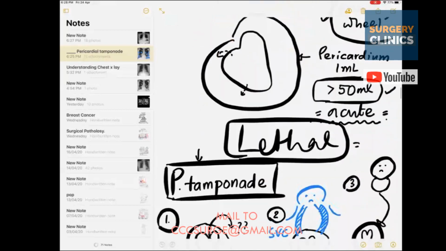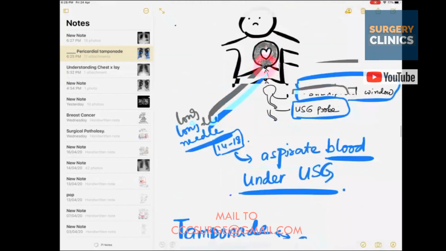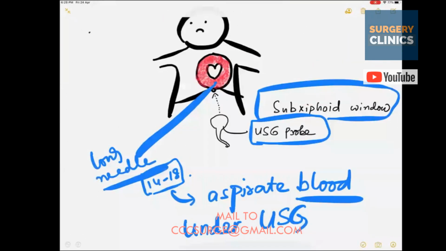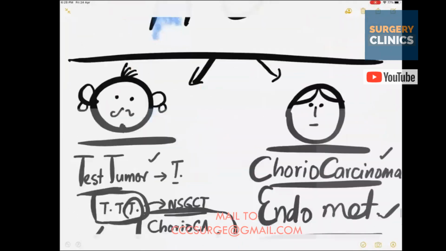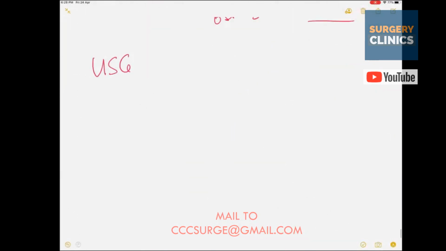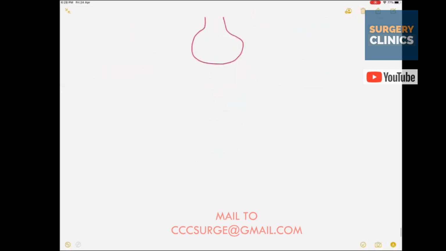Now, subxiphoid window means, let me take up this picture. Yes, this one. Subxiphoid window means that if you do an ultrasound, remember, it is all about a sound wave. The sound wave emanates from a U-shaped thing called a probe.